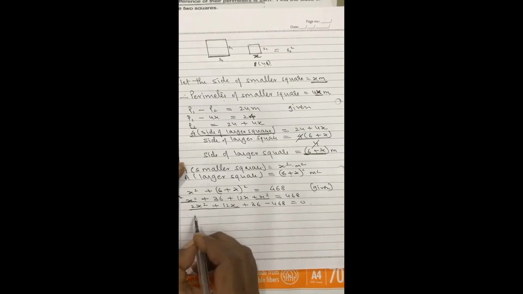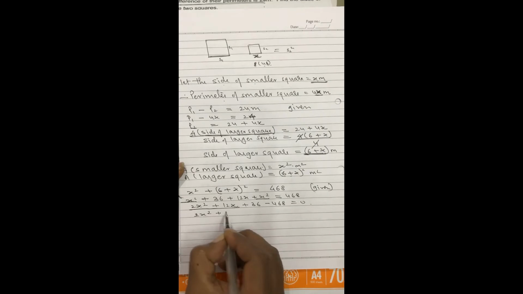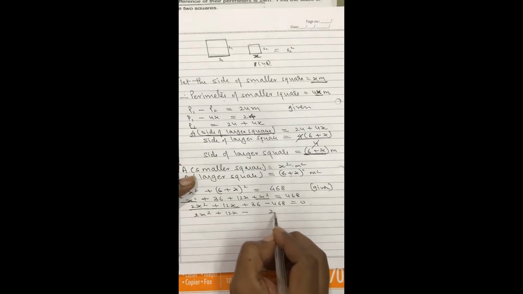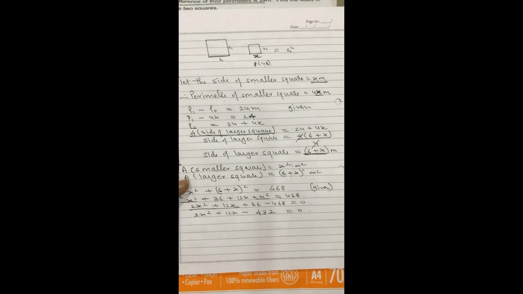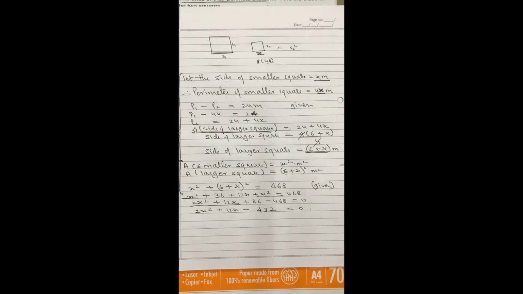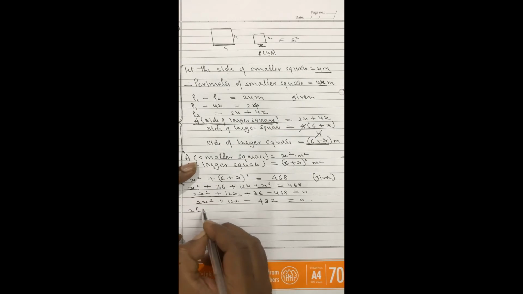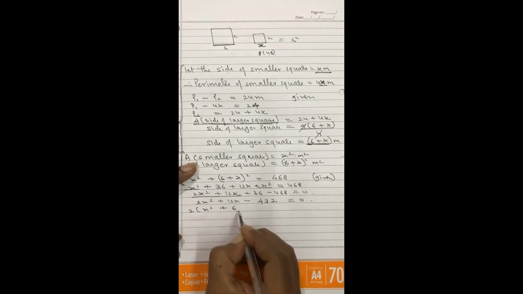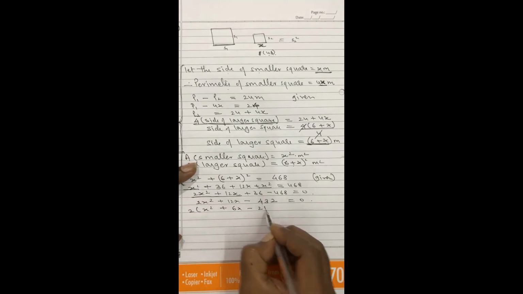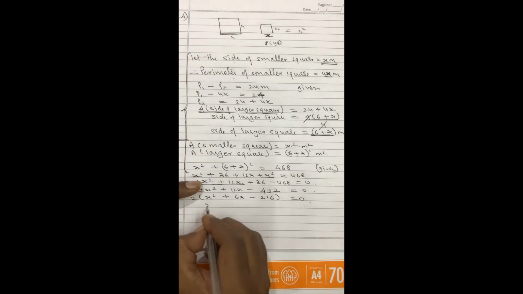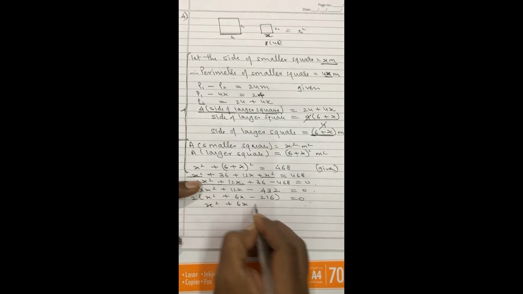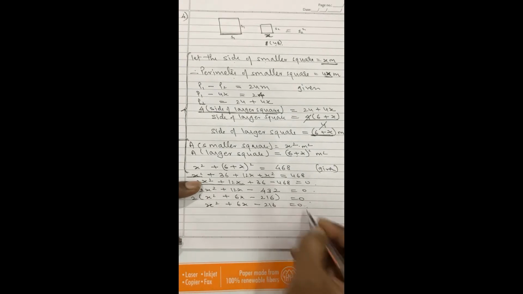So this will not be solved as such. 2x square plus 12x, but here subtraction will be done. 8 minus 6 will give 2, 3, 4, 32, is equal to 0. Fine. So this is done, and now you will take out a common factor: x square plus 6x minus 2 2s are 4, 2 1s are 2, 6 are 12. This 2 you can consider you brought over here, and that has become 0. x square plus 6x minus 216 is equal to 0.